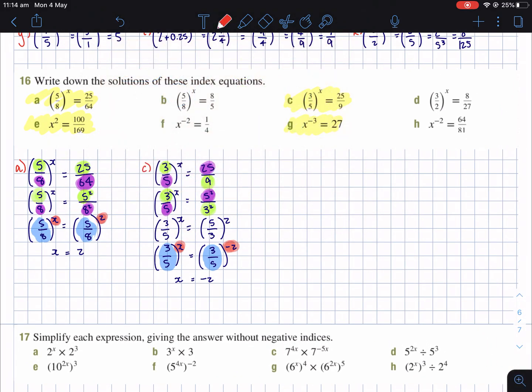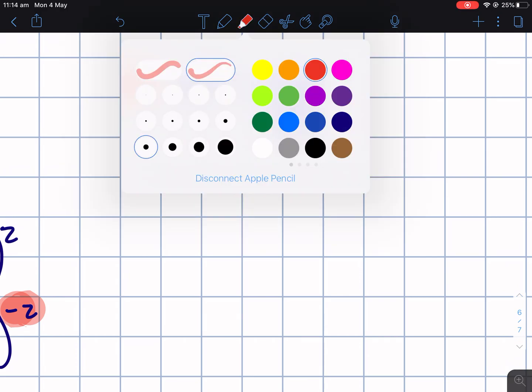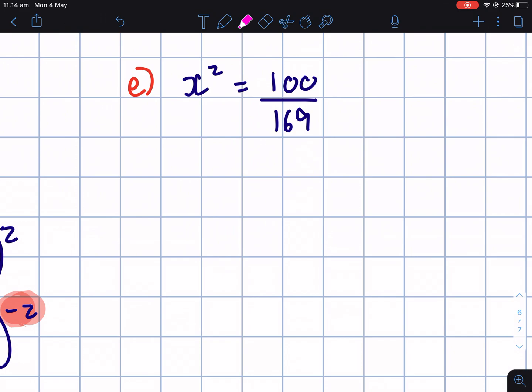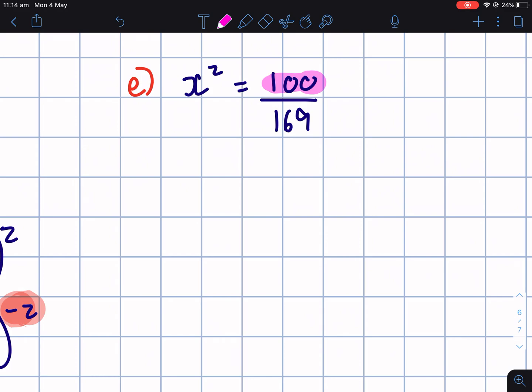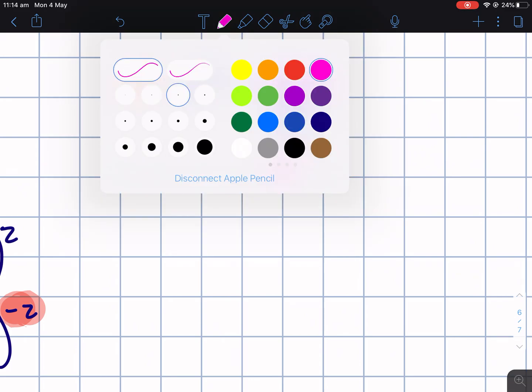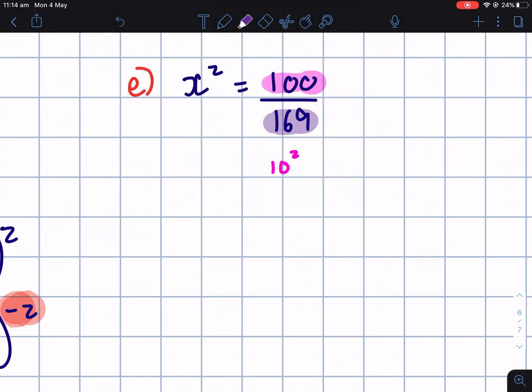Okay, let's have a look at E. This time we've got x squared is 100 over 169. So x could be like (a over b) squared, but we don't know what a and b are. But 100 and 169 should be screaming at you right now, because I know 100 is 10 squared and I know 169 is 13 squared.